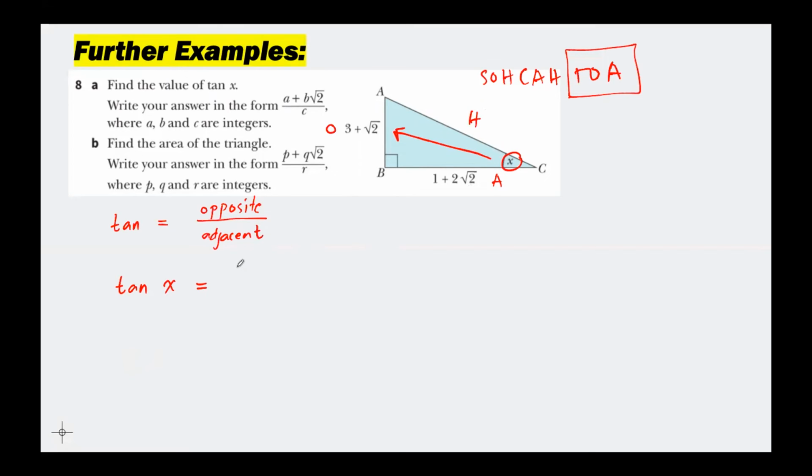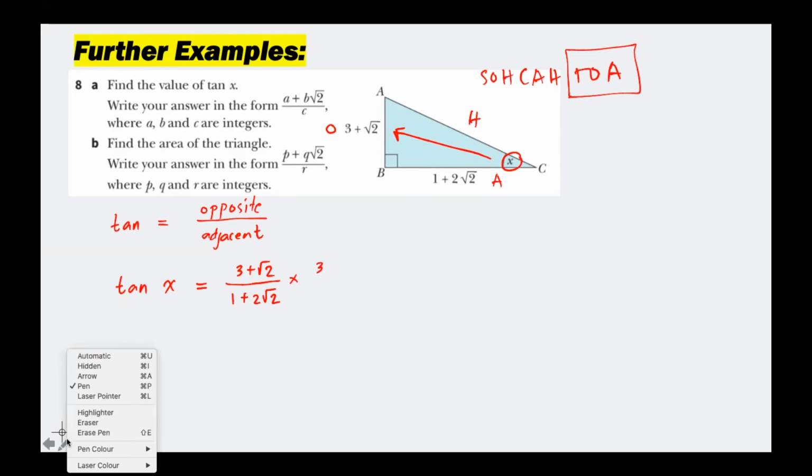So that gives us 3 plus square root of 2 divided by 1 plus 2 square root of 2. Since we're looking for tangent theta, and if you notice, the denominator is a binomial that includes surd, we're going to need to rationalize the given expression.